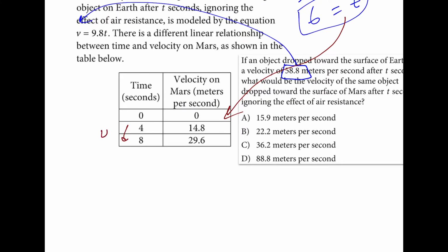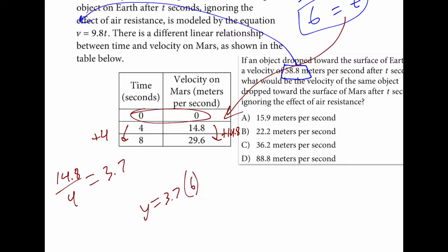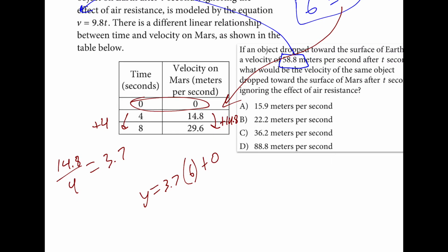So as we went up by 4, we went up by 14.8. So 14.8 divided by 4 tells me that my slope is 3.7, and you can see that my intercept is 0, so y is equal to 3.7 times 6 plus 0. And the answer is 22.2 when you multiply it.